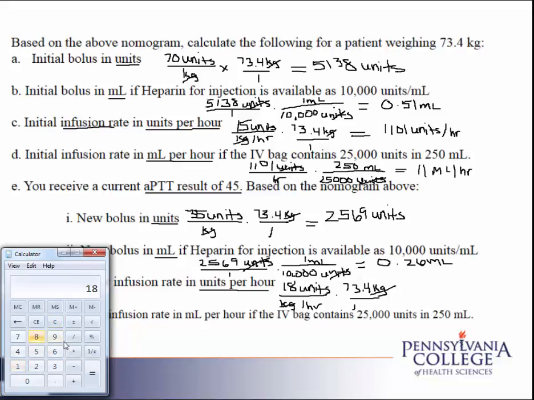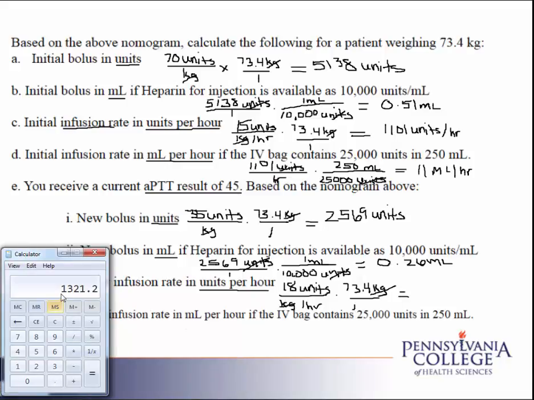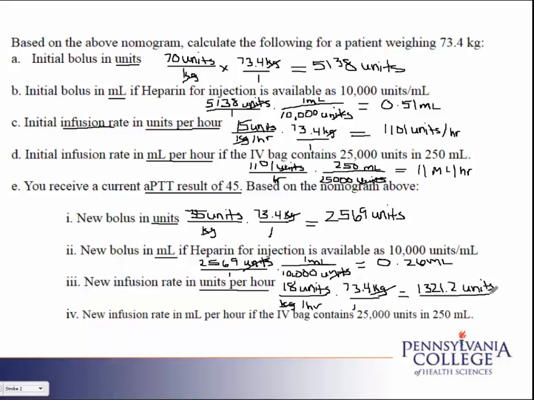So 18 times the weight of 73.4. And I do not round at this step because this is not a final answer. So I have here 1,321.2, and the label on that is units per hour.